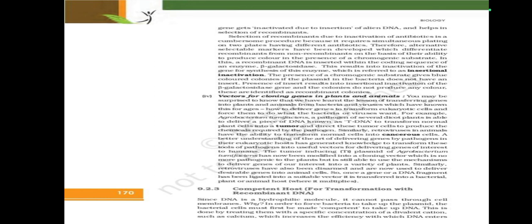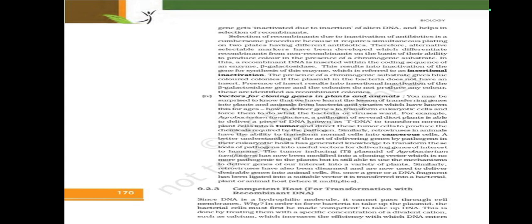In this, the foreign DNA is inserted within the coding sequence of an enzyme, beta galactosidase. This results in inactivation of the gene for synthesis of this enzyme, which is referred to as insertional inactivation. The presence of a chromogenic substrate gives blue colored colonies.